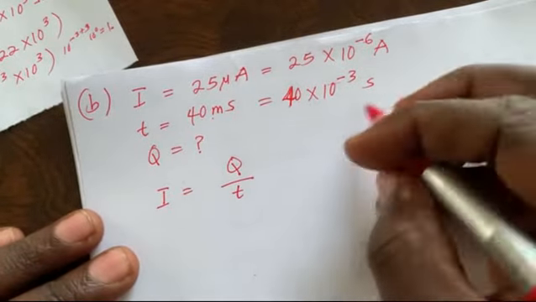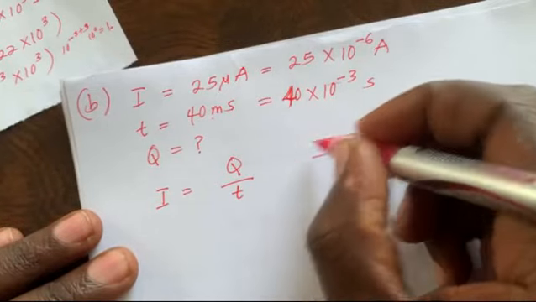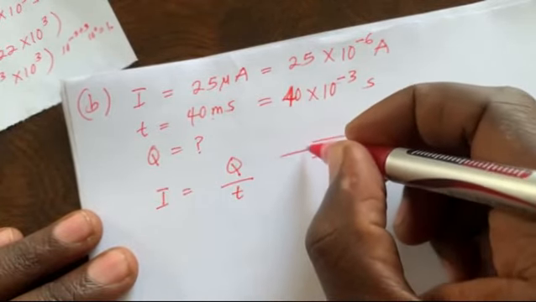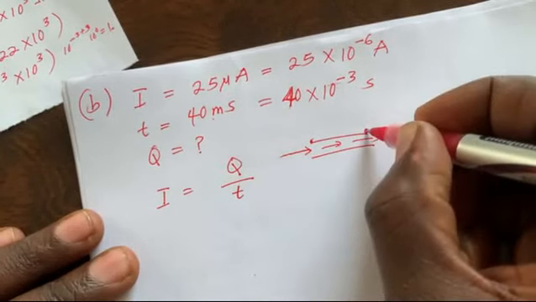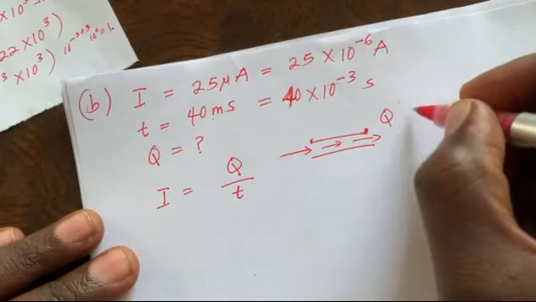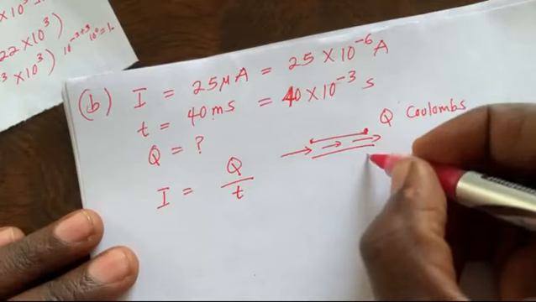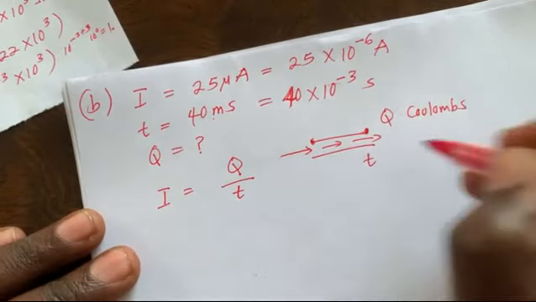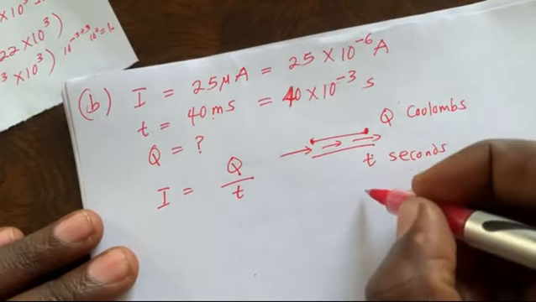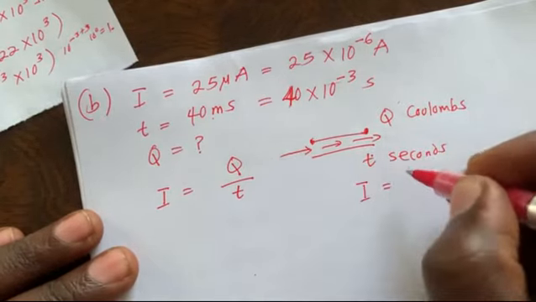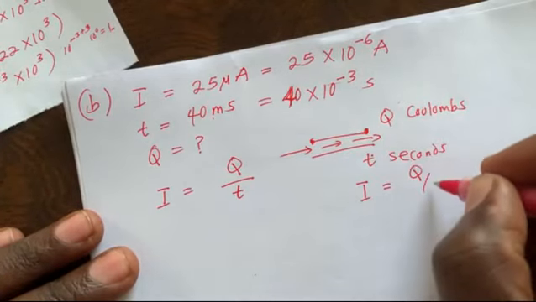If a certain amount of charge, Q coulombs, passes through this point from this end to this end, and the time taken to pass is T seconds, then electric current is a measure of the quantity of charge that flows per unit time.